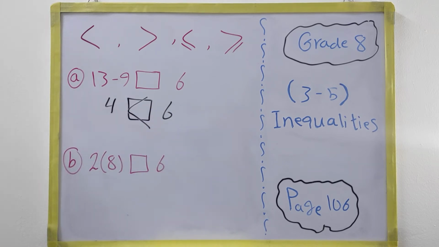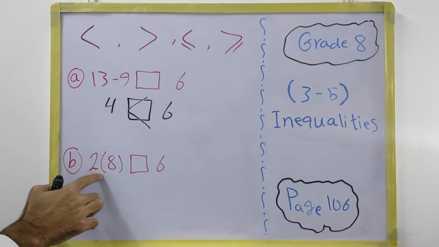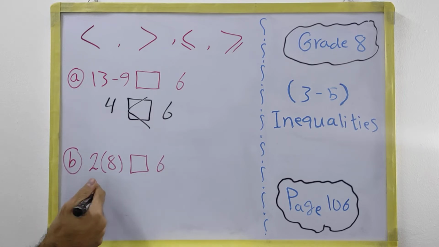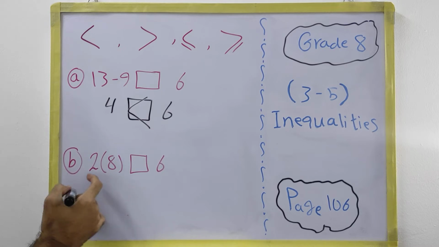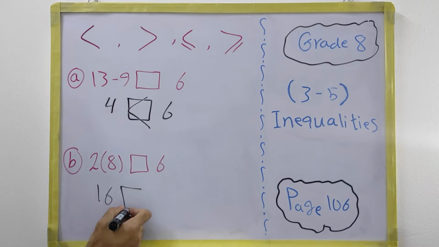That's how we solve. This one we have to multiply by 8, because we don't have any minus or plus between them. It's multiply 6. Which one is greater, this side or this side? We have to solve, because this is 2 multiply 8 equals 16, and this side is 6. Now which one?